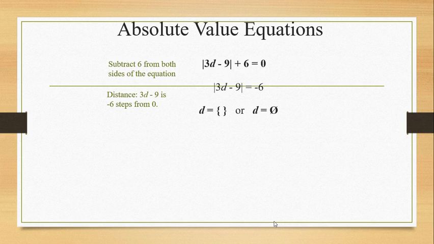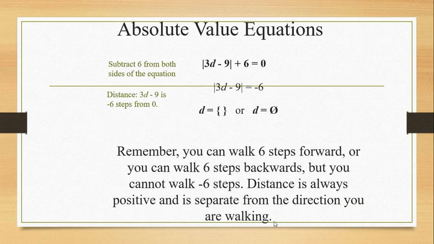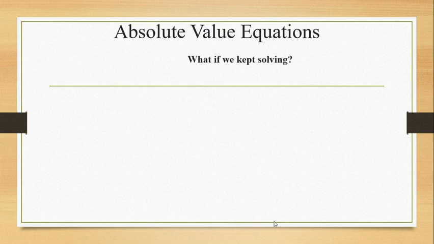That's right. This is an empty set or a null set. There is no solution because the answer, negative 6, cannot be solved with absolute value equations, right? You can walk 6 steps forward or you can walk 6 steps backwards, but you cannot walk negative 6 steps. Distance is always positive and is separate from the direction you are walking.